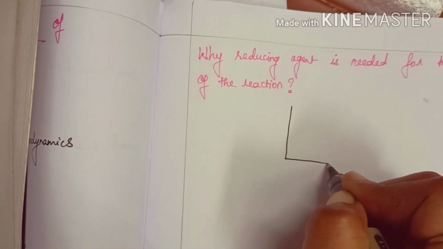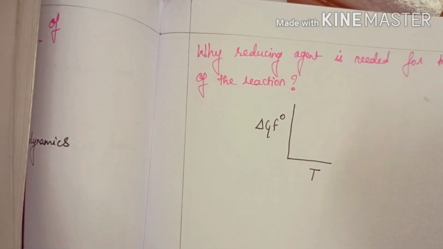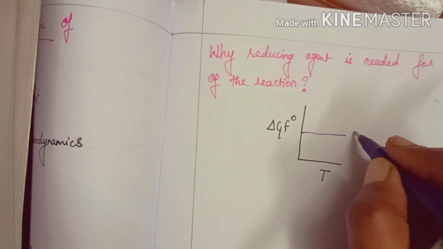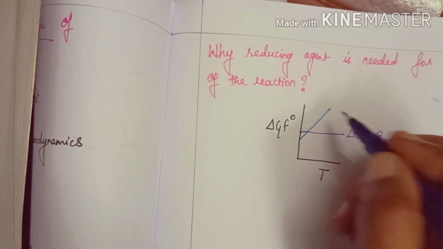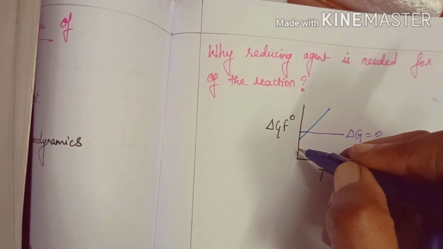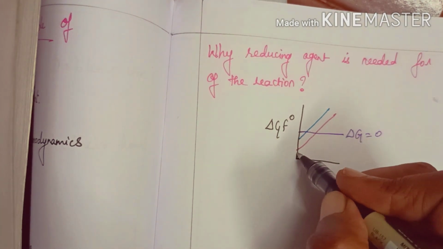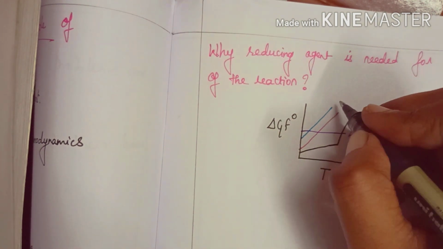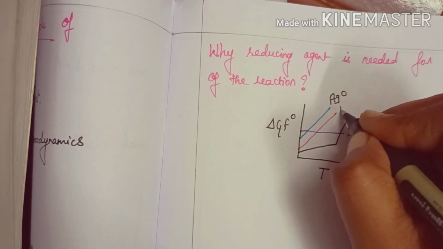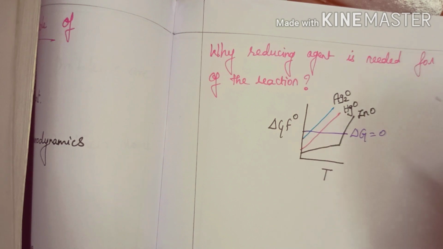So, here delta G F0 and temperature, and this is the line for delta G is equal to 0. Now, I'm going to plot the graph for 3 metal oxides. So this is Ag2O, HgO and ZnO.